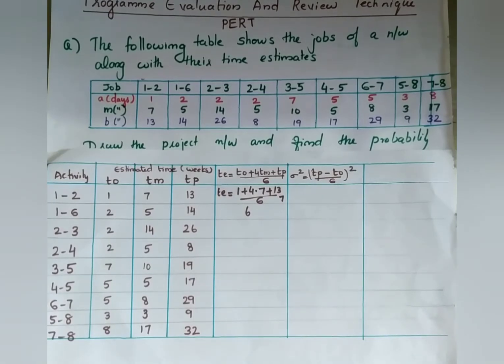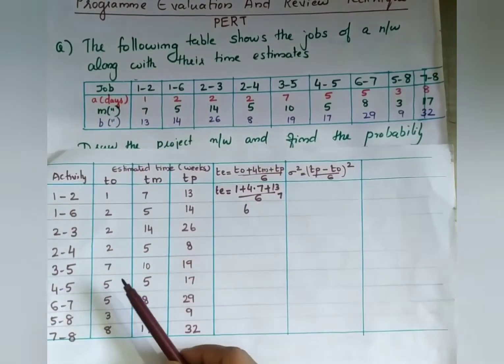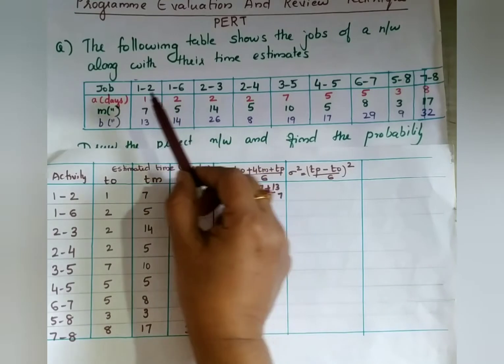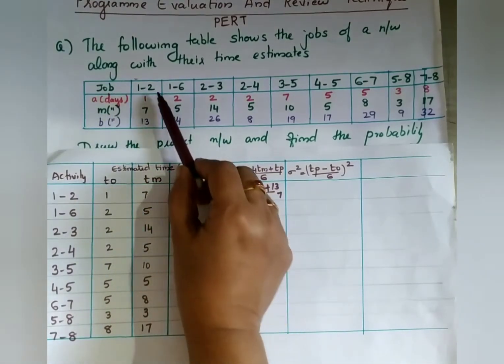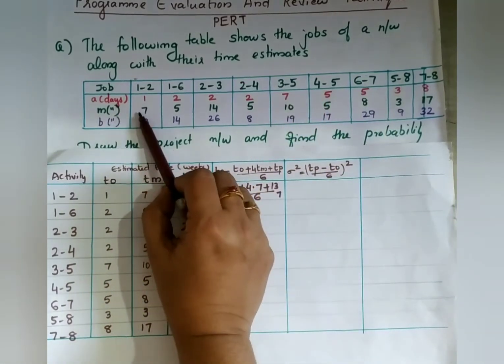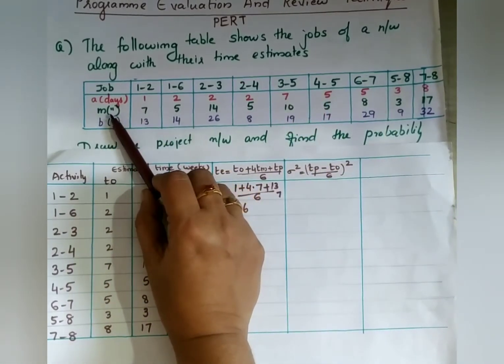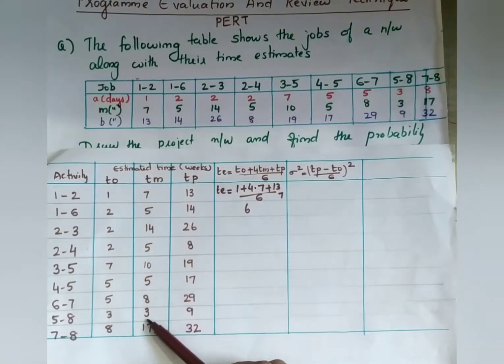Now we'll start with this problem. The activities they are giving here, we can fill in the table. Here the days, see, these are all T0 values that you have to fill in here. Then Tm is written as AM, so we fill that here.